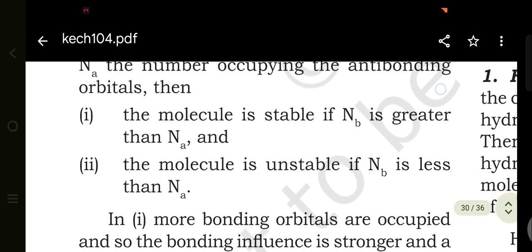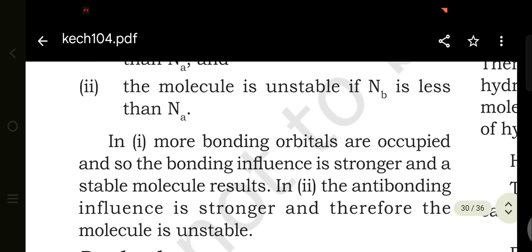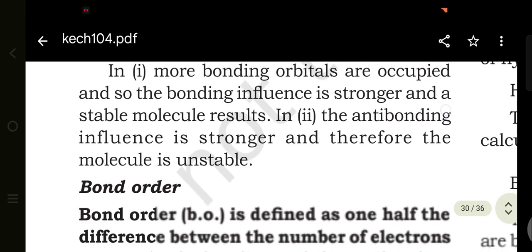The molecule is unstable if Nb is less than Na. In the first condition, more bonding orbitals are occupied and so the bonding influence is stronger and a stable molecule results. In the second condition, the anti-bonding influence is stronger and therefore the molecule is unstable.